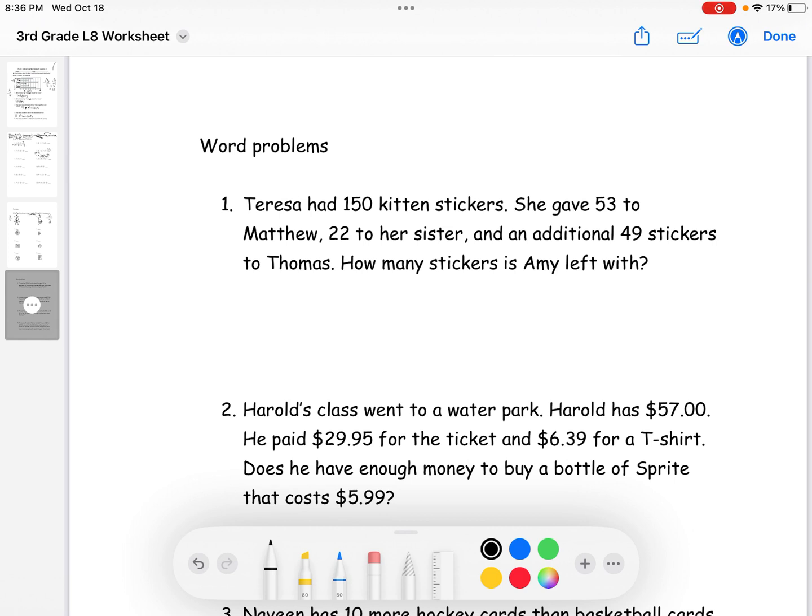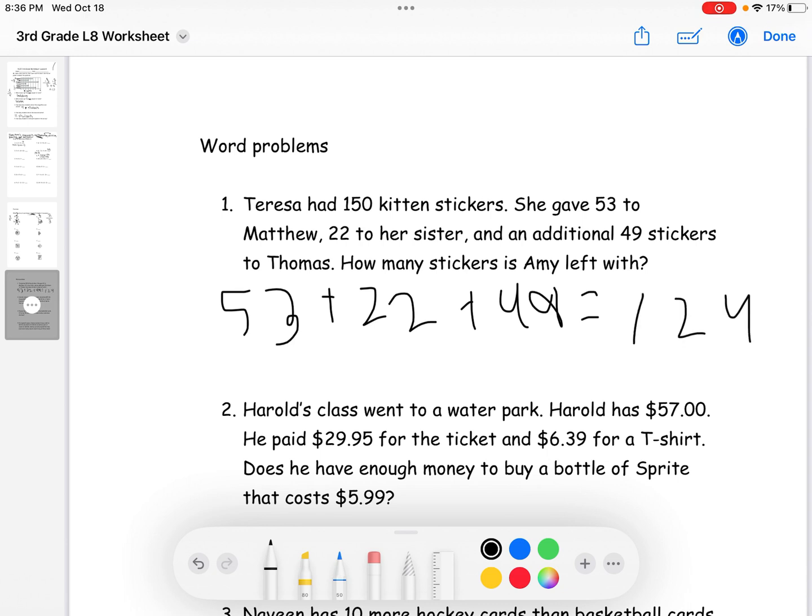So first we just want to do 53 plus 22 plus 49, which should equal 124. And then, since she had 150 in the beginning, we do 150 minus 124, which equals 26. So 26 will be the answer.